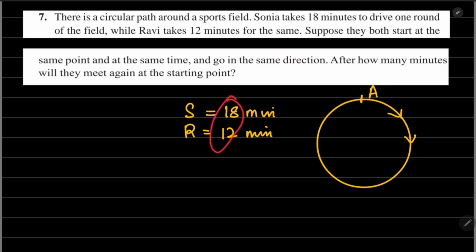Is it possible that they meet in a lesser amount of time? That means less than 18 minutes or less than 12 minutes, not possible, because both have to complete one round, the first taking 12 minutes, the second taking 18 minutes. So the time they need to reach back again is definitely greater than the given data.